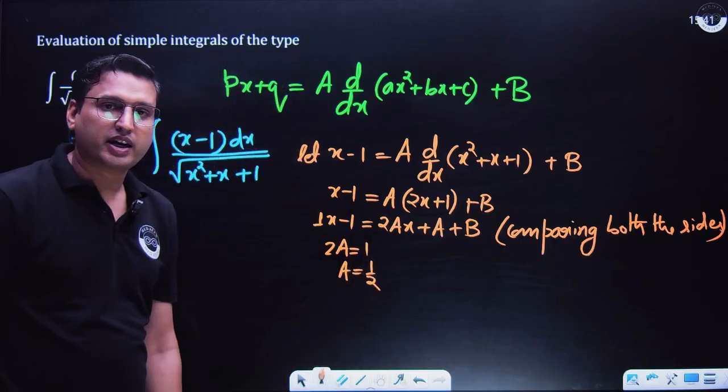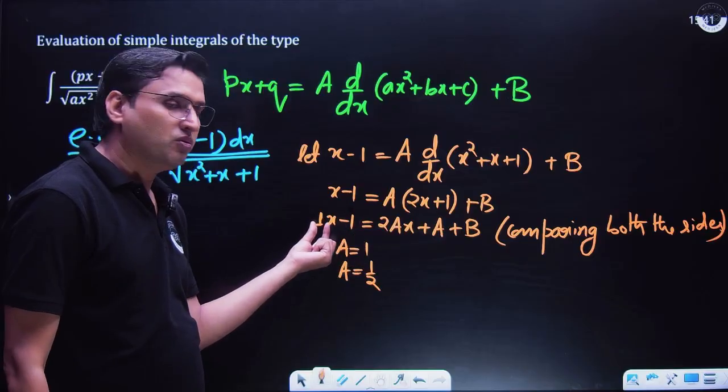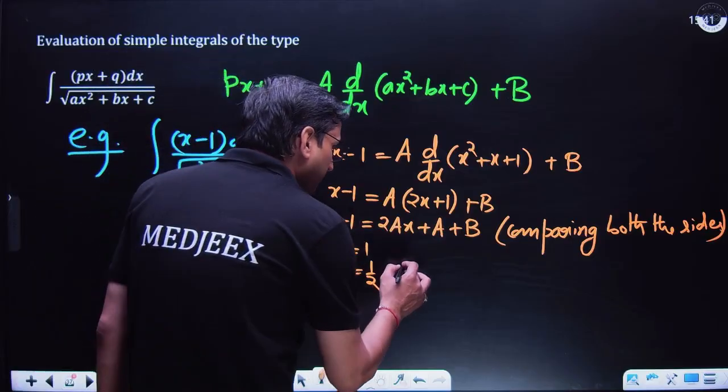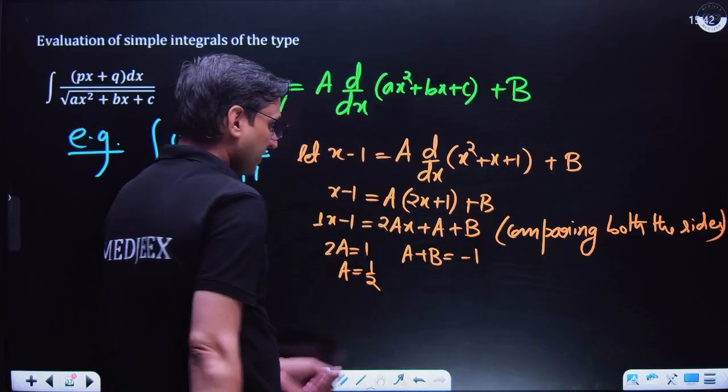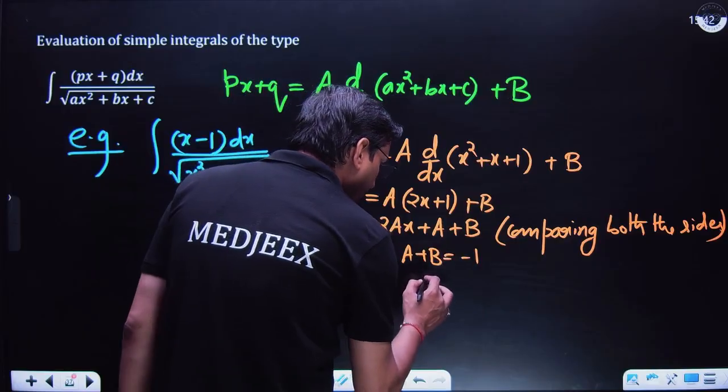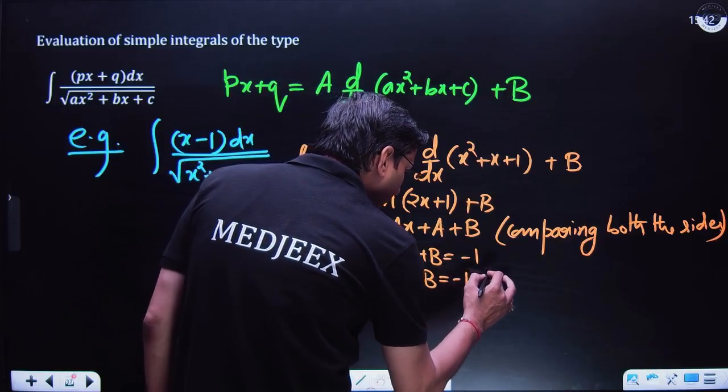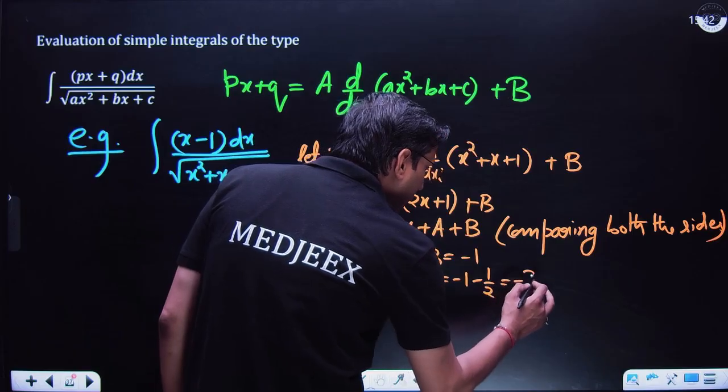From here we are getting a is equal to 1 by 2. Now a plus b is nothing but minus 1. Your a is 1 by 2, just put it there. It will be minus 1 by 2, coming out to be minus 3 by 2.